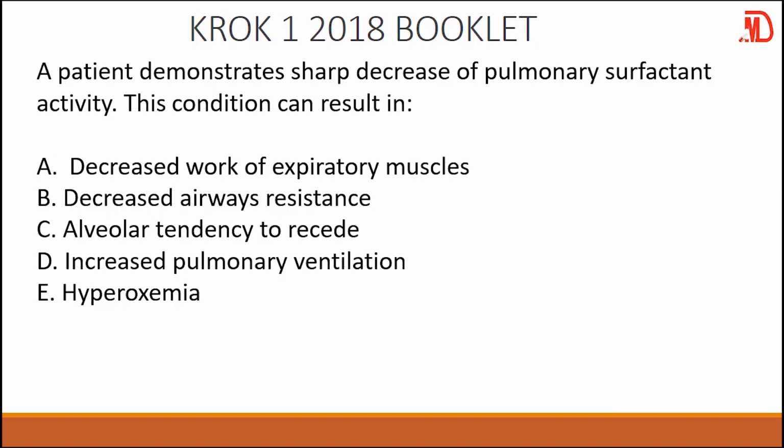The main function of surfactant is to lower the surface tension at the air-liquid interface within the alveoli of the lung. Therefore, decrease of this leads to alveolar tendency to recede, thus alveolar collapse at end expiration. So our answer is C.